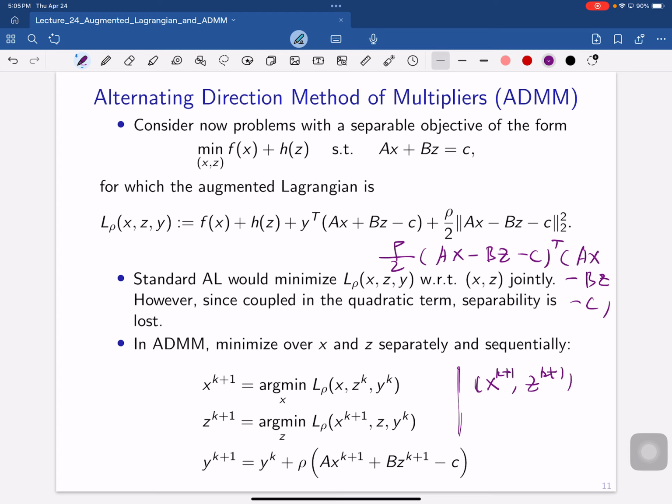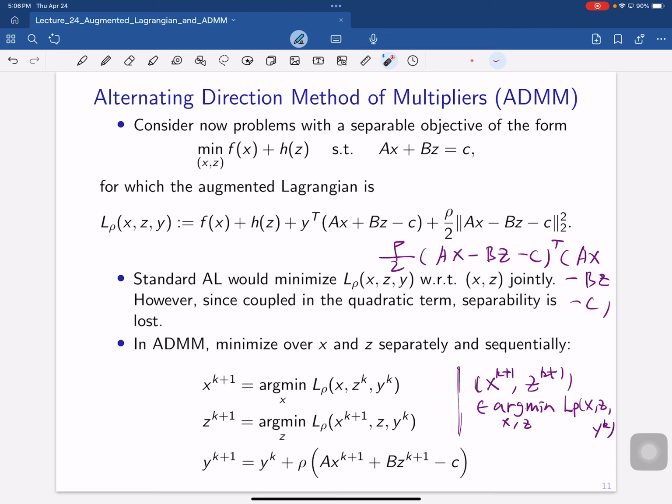So this is the argmin over x, z of the augmented Lagrangian L(x, z, y^k), right? You are jointly minimizing x and z while fixing y to be the y^k from your previous iteration. That's what you do in augmented Lagrangian.